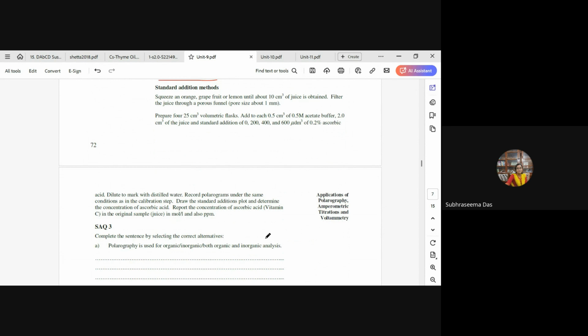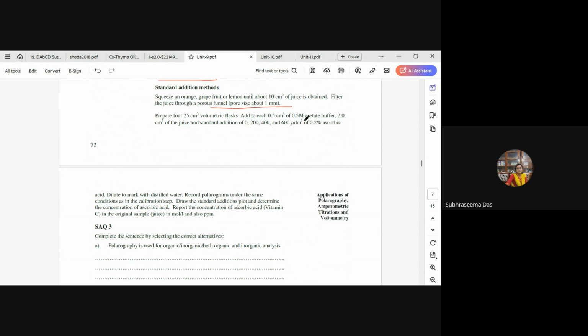Then how can we use the standard addition method for the determination of vitamin C in citrus juice? First we will take 10 ml of the juice from orange, grapefruit or lemon. Then we will filter the juice through a funnel having a pore size of about 1 mm. Then we will prepare 4 volumetric flasks.